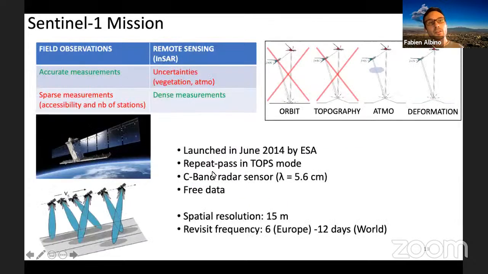We are using the Sentinel-1 mission that was launched in June 2014. Here we have a difference of phase that's the sum of the atmospheric signal and the ground deformation signal. This is very key and challenging for a volcano located in a tropical region.